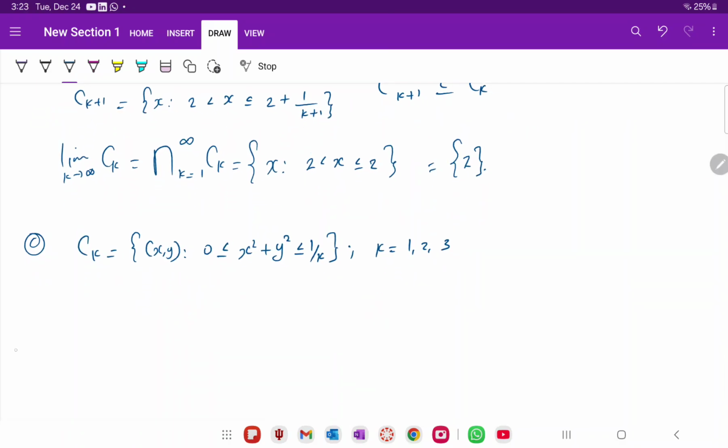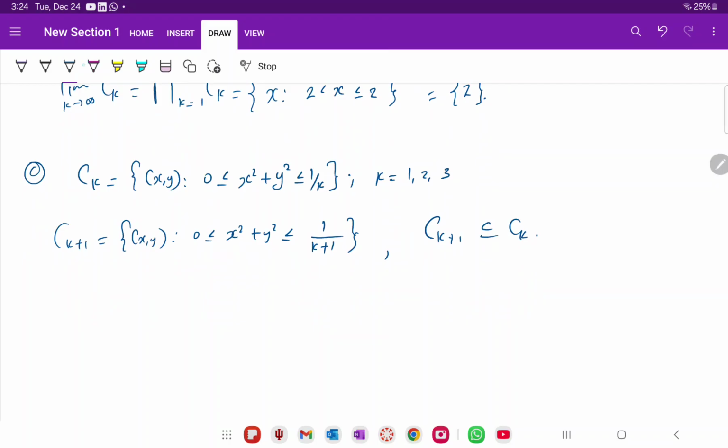So we check this also. If we do it for C_{k+1}, (x, y) is such that 0 is less than x squared plus y squared less than 1 over k plus 1. So this also, C_{k+1} is a subset of C_k, for any k.